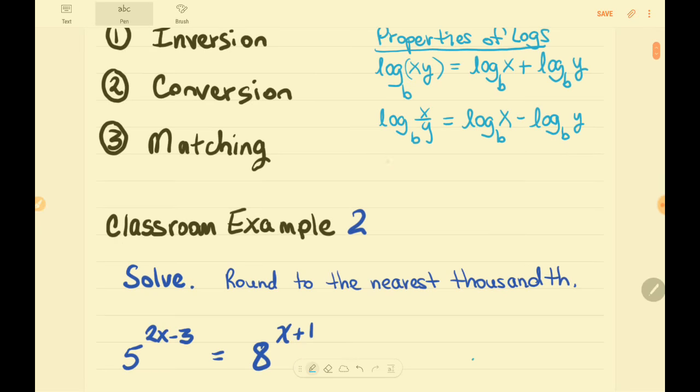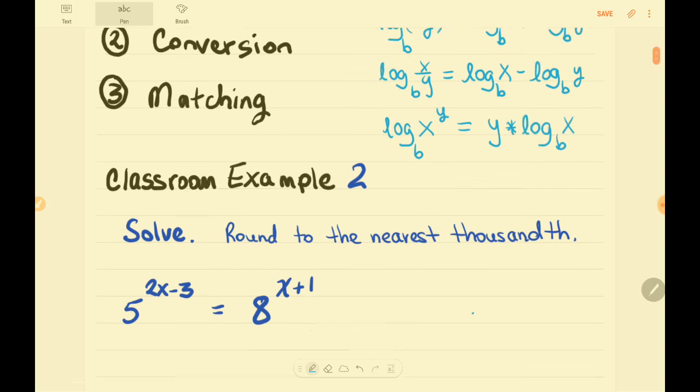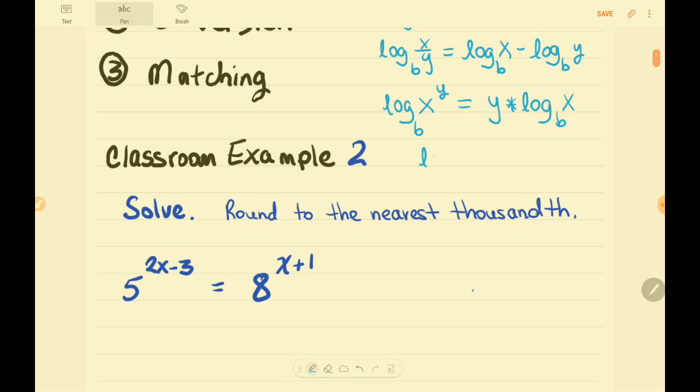And then we have the exponent property, and then we have the log base b of 1 is always 0, because any base to the power of 0 will give you 1.